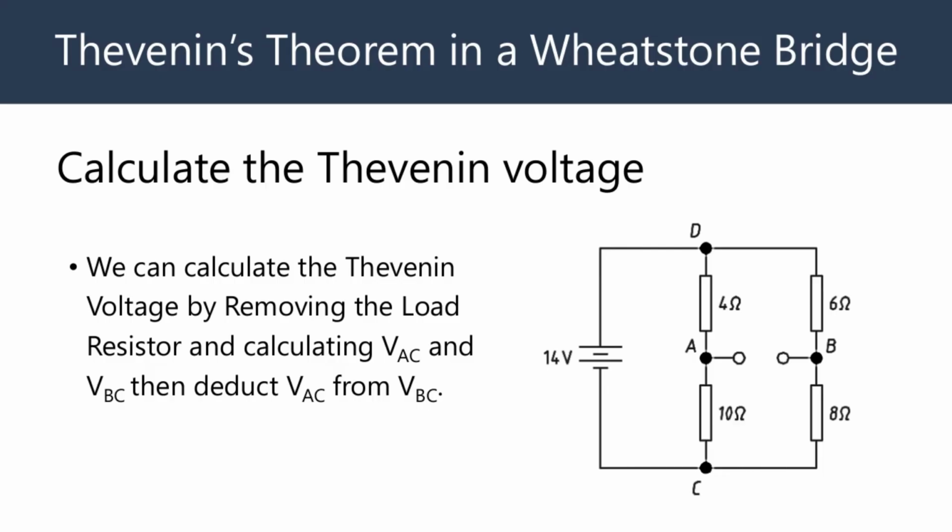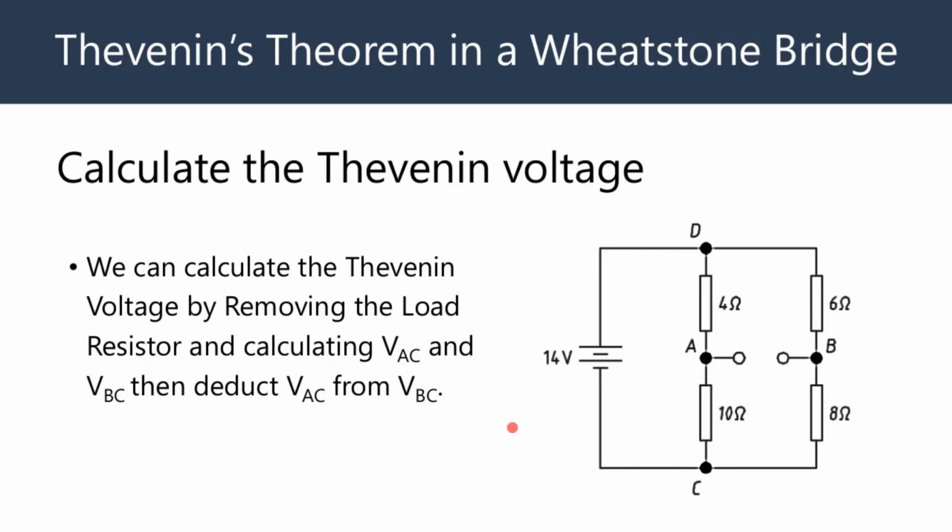Then we look at the load resistor and calculate VAC. So he calculates the voltage drop VAC going through the 10 ohm. That's the first one. And then VBC. Can you see that? All right.